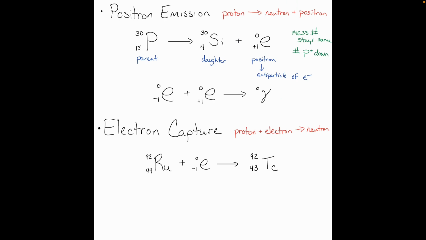For electron capture, my mass number also stays the same, and my number of protons also goes down. So in terms of the products of your nuclear reaction, both of these have the same effect. Your mass number is staying constant, but your atomic number is decreasing.